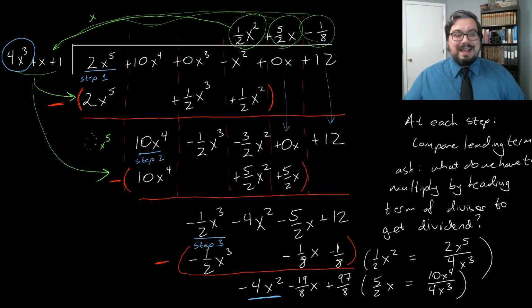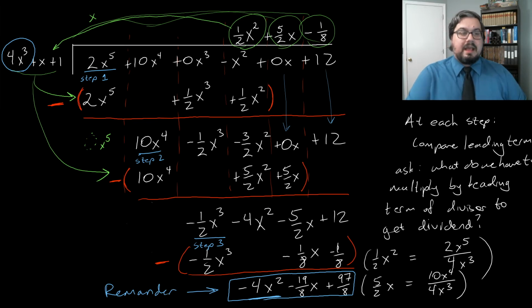The negative 4x squared that we've got here is not a multiple of 4x cubed because its degree is lower. Once what remains becomes something of lower degree than the divisor that you started with, what you have found is your remainder. And what's happened up above? Up here, you found your quotient.